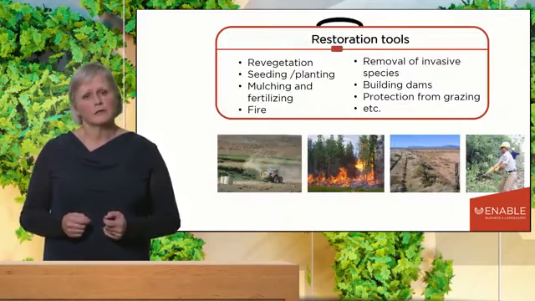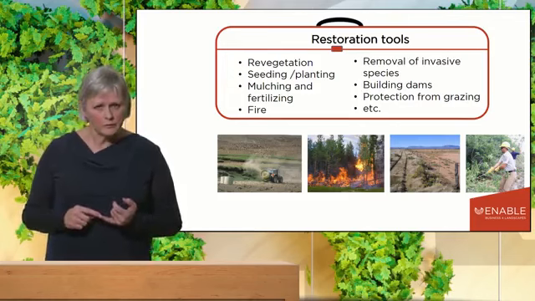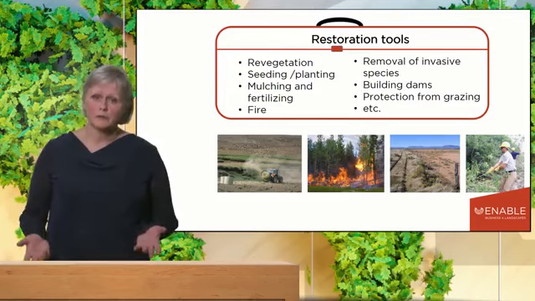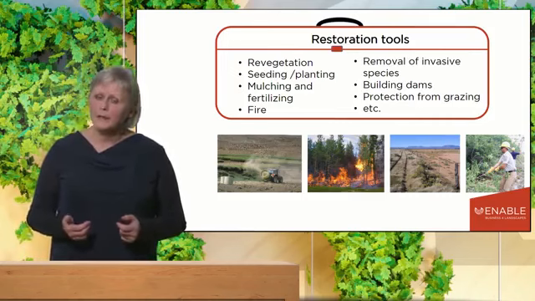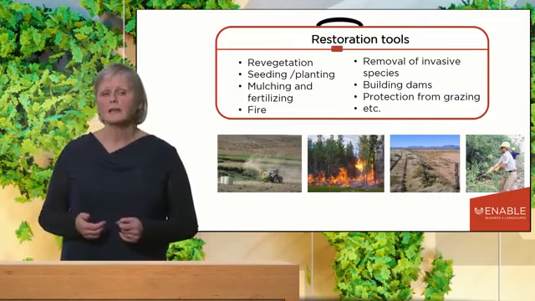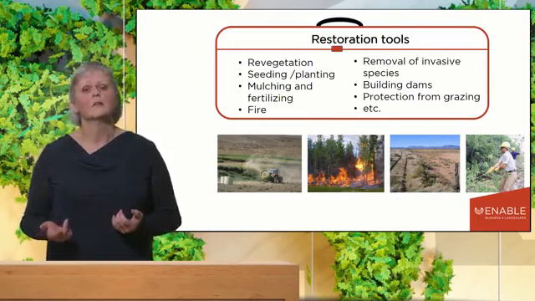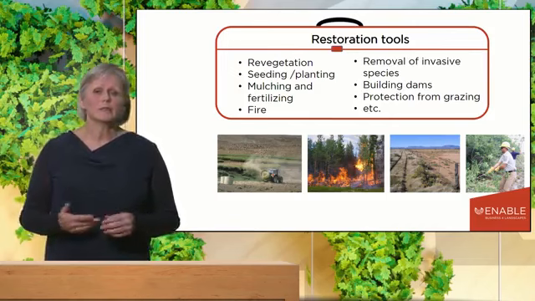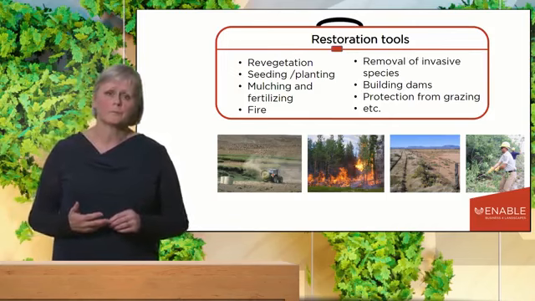When thinking about restoration, many of us tend to focus on the restoration tools or the interventions applied in restoration. These are diverse depending on the type of ecosystem and the severity of the degradation. On badly eroded land, amendments to stabilize eroded surfaces and improve growing conditions for plants are common. Seeding or planting of missing key species are needed in many ecosystems, and restoration of drained wetlands may depend on the building of dams to restore the former water table.